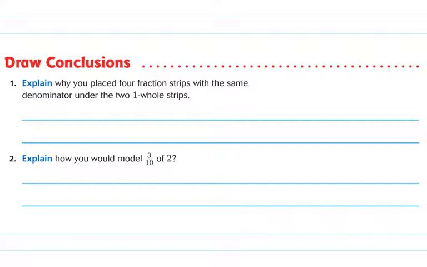Now we're going to go on to the next part, draw conclusions. It says, explain why you placed 4 fraction strips with the same denominator under the 2 one-whole strips.